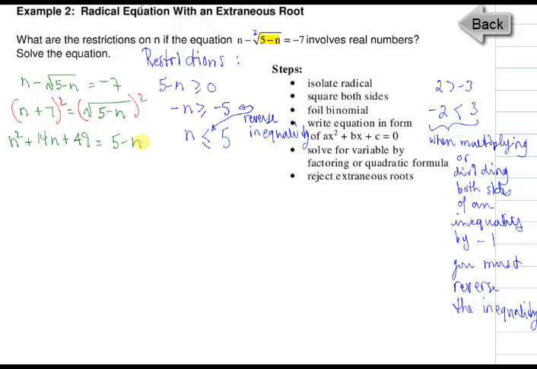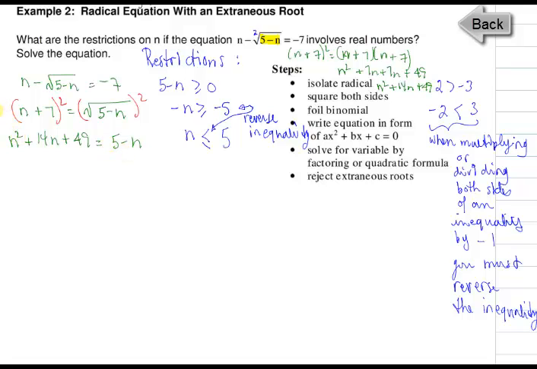Now, if you're not sure about the n plus 7 squared, it's n plus 7 times n plus 7. So you're going to FOIL: n times n is n squared, n times 7 is 7n, 7 times n is 7n, and 7 times 7 is 49. Combine your two middle like terms, you get n squared plus 14n plus 49.